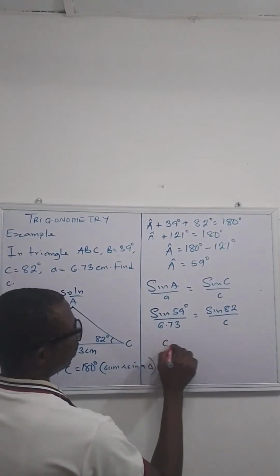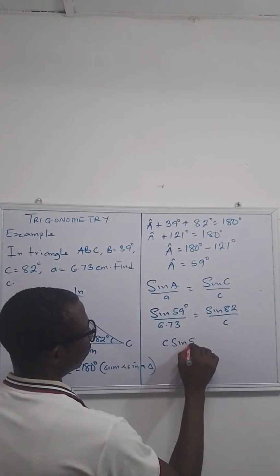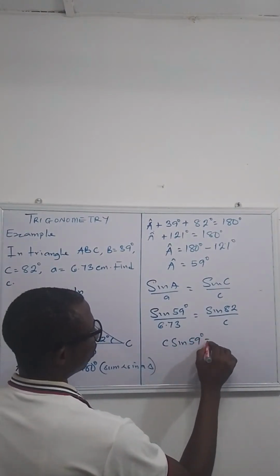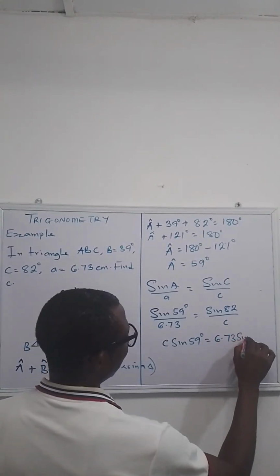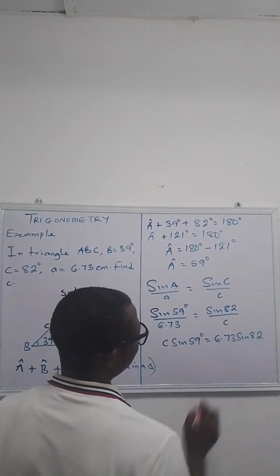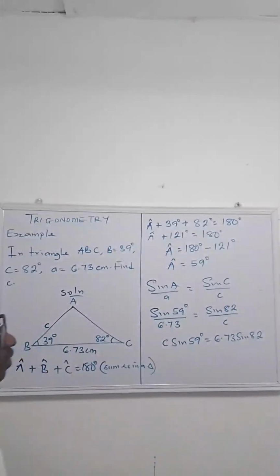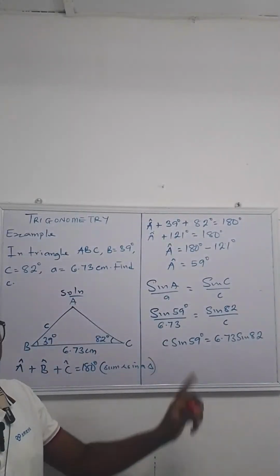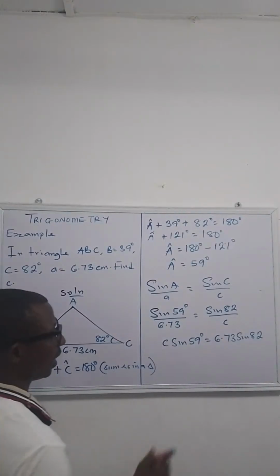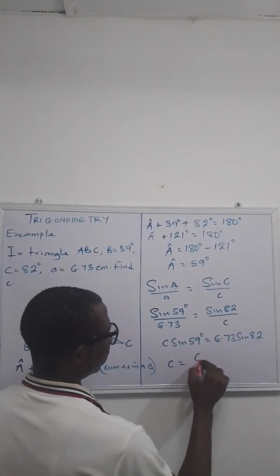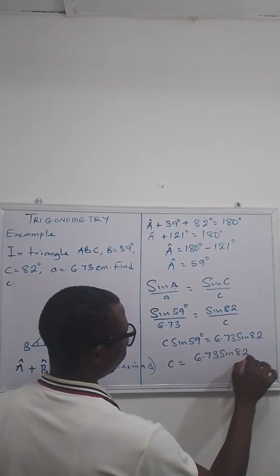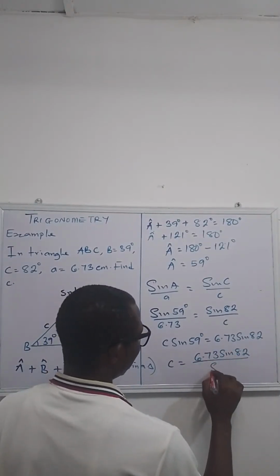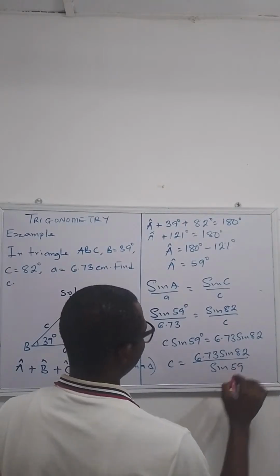So we have c sine 59 degrees equals 6.73 sine 82. Okay, here you can divide both sides by sine 59. So we have c equals 6.73 sine 82 over sine 59.